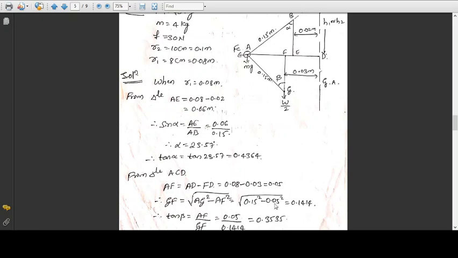After substitution, you will get the value of GF as 0.1414. Now from this triangle, if you want to write the equation for beta, tan beta will be opposite by adjacent, that is AF divided by GF. So tan beta equal to AF divided by GF. On substitution, you will get the value of tan beta as 0.3535.